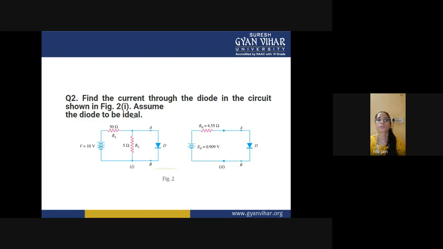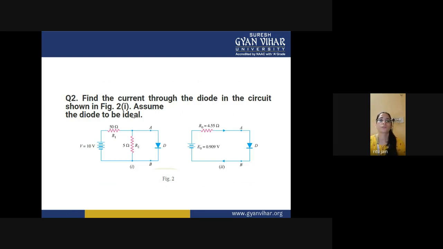Then if there is any voltage or current source, you have to remove your sources. So you have to short the voltage source and you have to open the current source, and finally you will get the Thevenin resistance. After that you have to calculate the Thevenin voltage. In the Thevenin theorem, finally the Thevenin voltage and the Thevenin resistance are connected in series with the load resistance or the diode in which you want to find out the current.